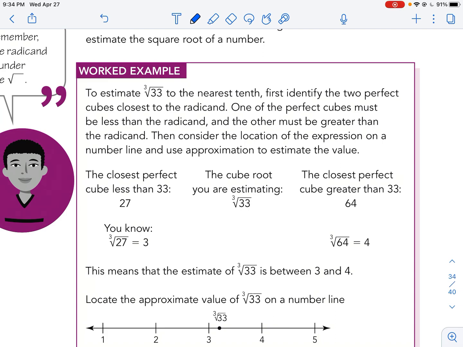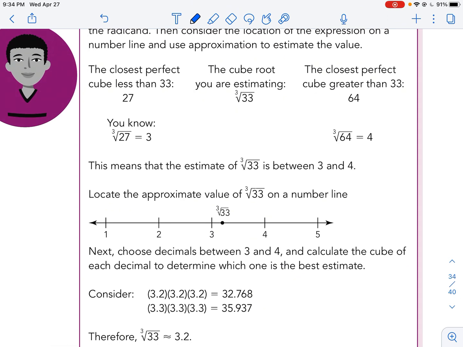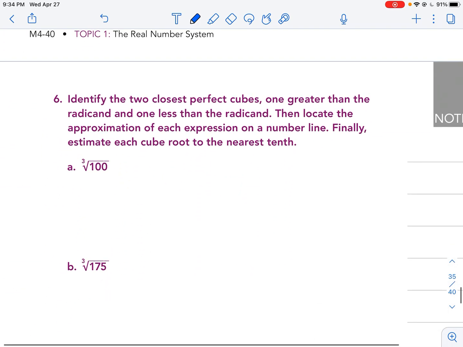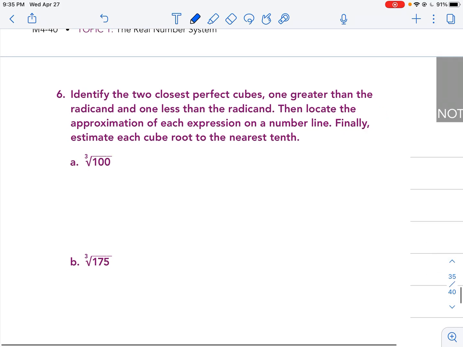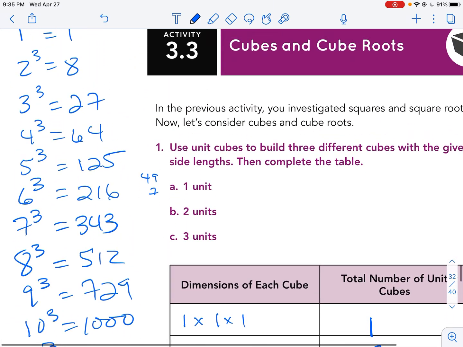So, we're going to do the same thing we did a minute ago, except instead of doing square roots, we're going to do cubed roots. So yes, it's going to take a little bit more time to do. It's okay. So here we go. Okay, perfect cubes. So 100. I know we have to go back all the way to here. 100 is between these two.